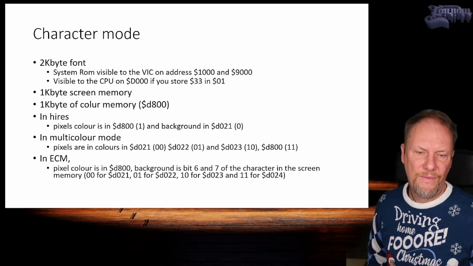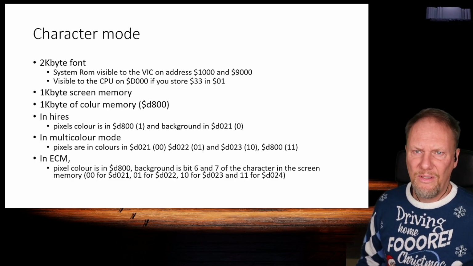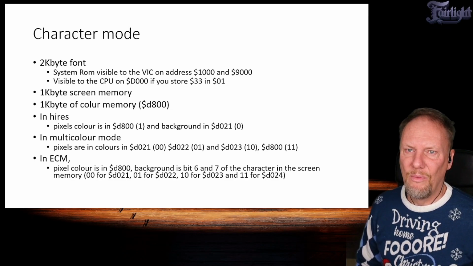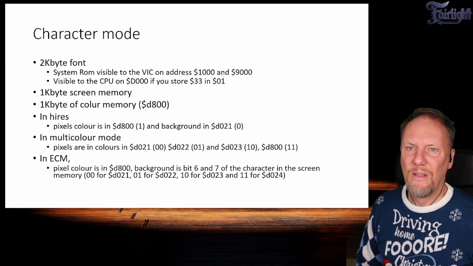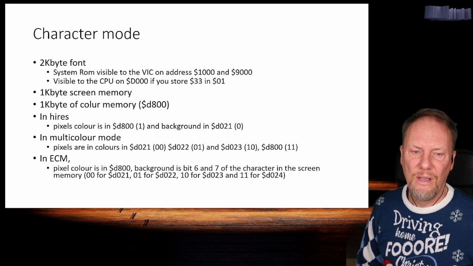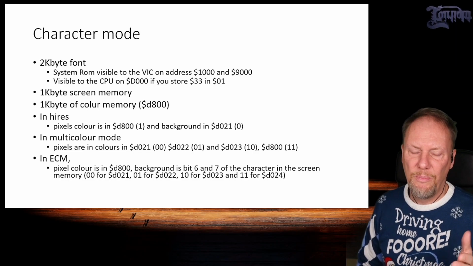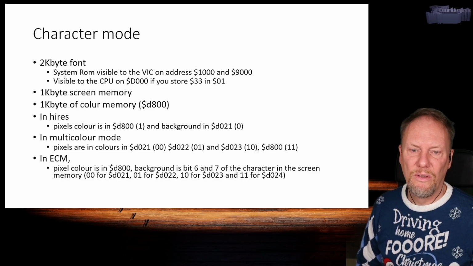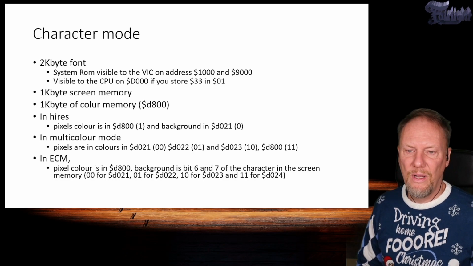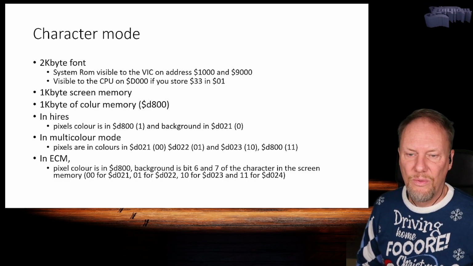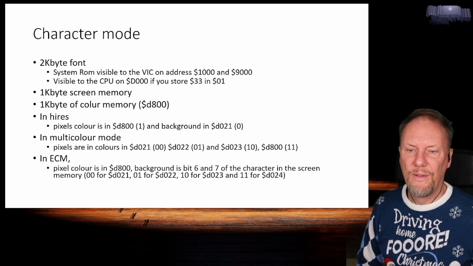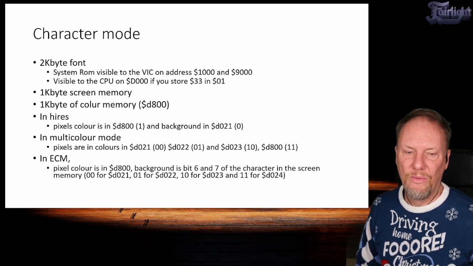But then you can have a new foreground color in the next character, because that is what's in D800. In multicolor mode, it's this messy thing with 2 bits determining the color. So if you have 00, it picks from the background, so D021, and then 01 is from D022, and 10 is from D023, and then 11 is from D800.